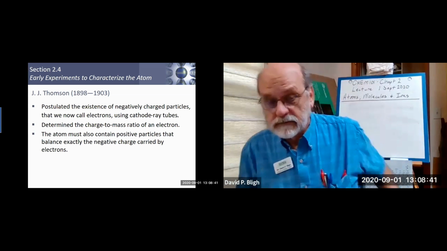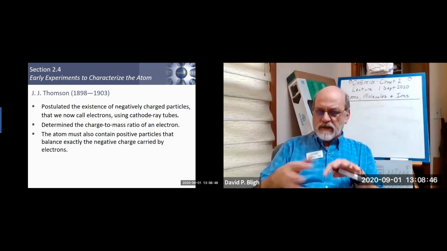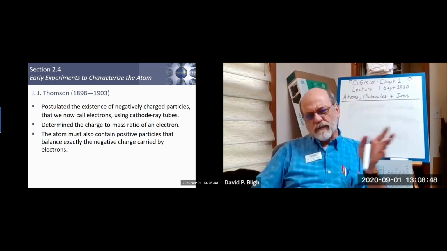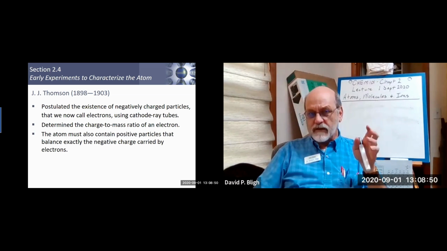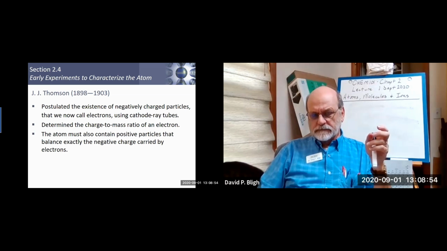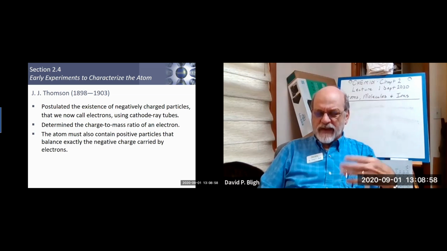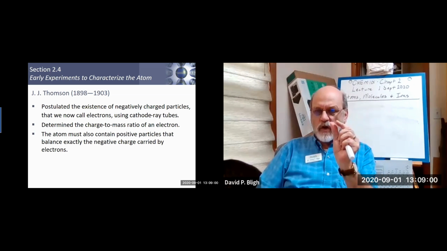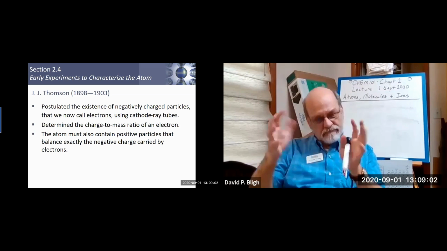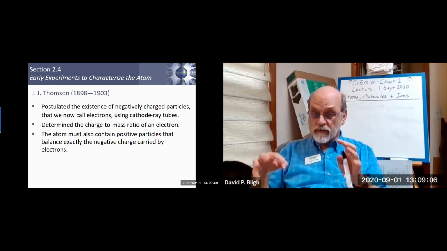And he was right. Now the mass was pretty well established by now in grams, but the charge was probably coulombs, which is not normally what we would think of as unitary charge for an electron. But be that as it may, the charge to mass ratio was determined by J.J. Thomson.